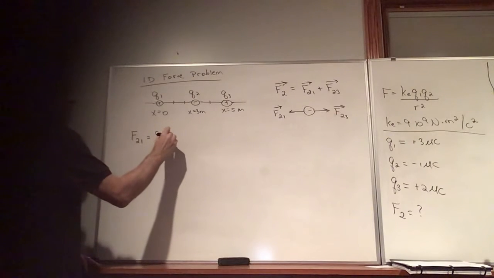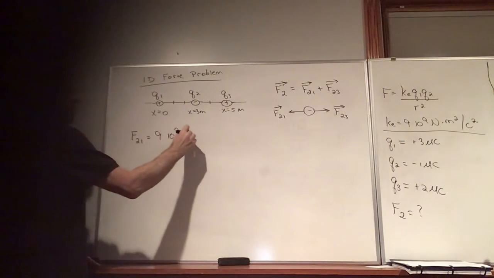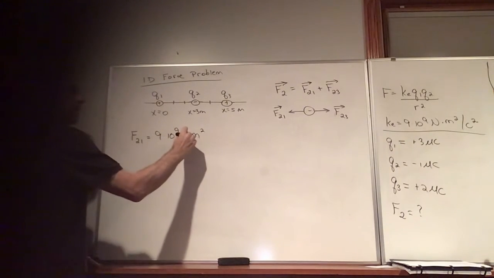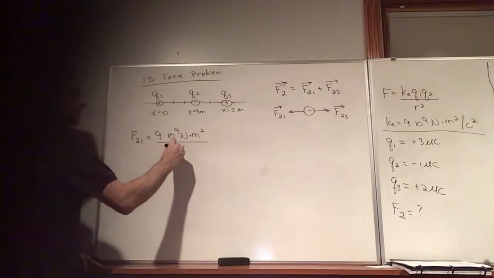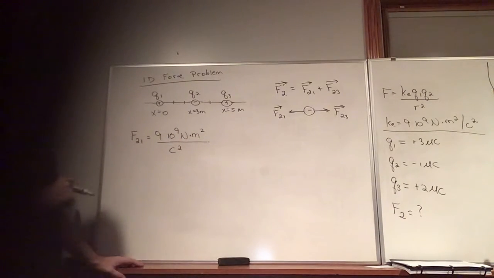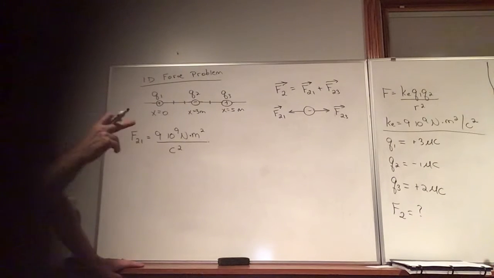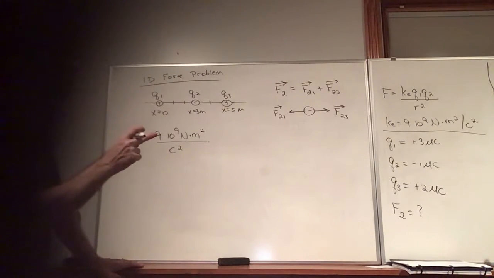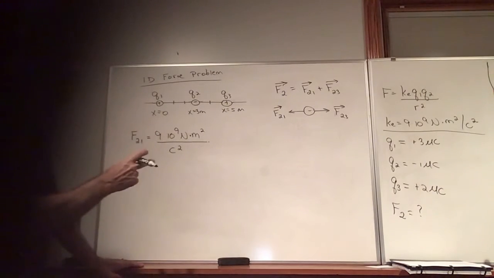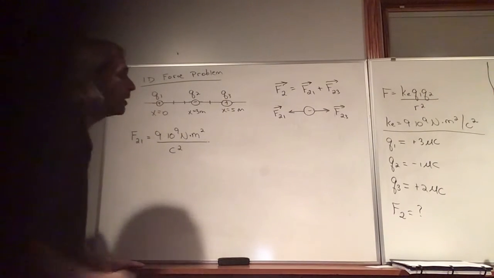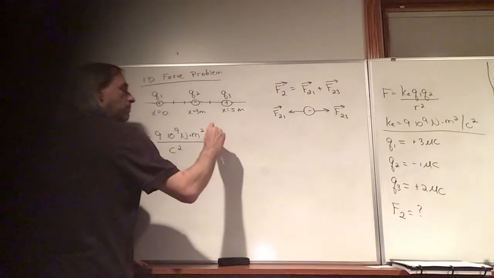Okay, so let's start out by calculating F21. We have k, our constant. Okay, and now we have Q1 times Q2. So we have 3 microcoulombs times, okay, now this is an important point.